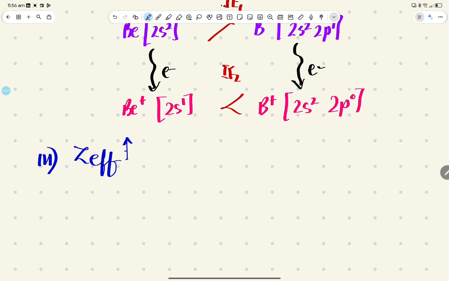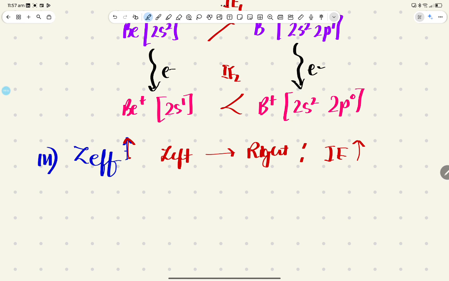Now the third criterion is Z effective. As you go from left to right, your Z effective increases. You should know that as you go from left to right, Z effective is increasing, which means your ionization energy is increasing.